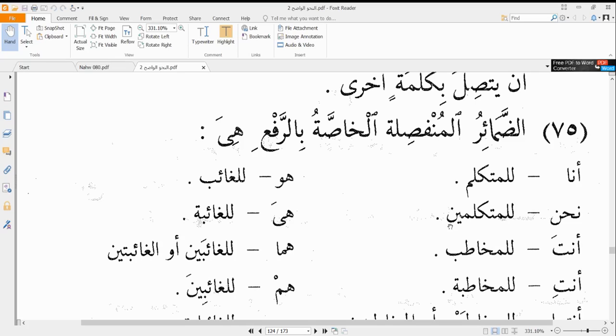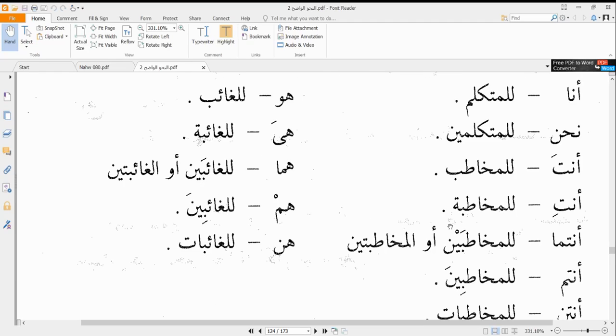And anti, if the person you are facing, the mukhatab, is female, you say anti, and it also means you. Antuma also means you, but when you are referring to two people, whether masculine or feminine.